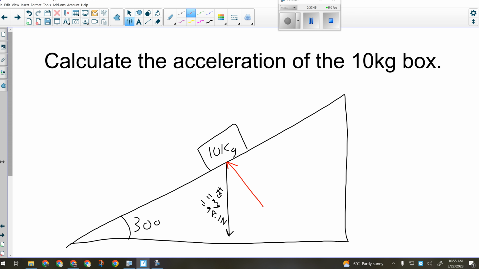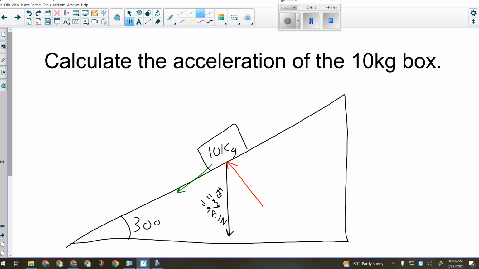Would that be the resultant of those two vectors? What do you notice about this green line? What way does it point? I didn't draw it perfect, but is it pretty much parallel to the plane?